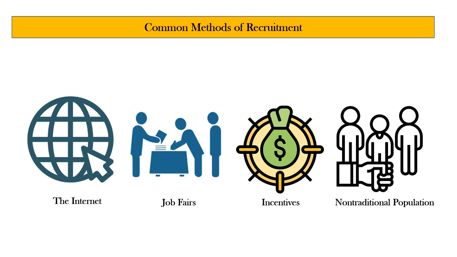We also have non-traditional population. Non-traditional population. So here, we are going to recruit passive applicants, those who are not active, because most likely those who are active have already been into other organizations and most likely been hired by those organizations.